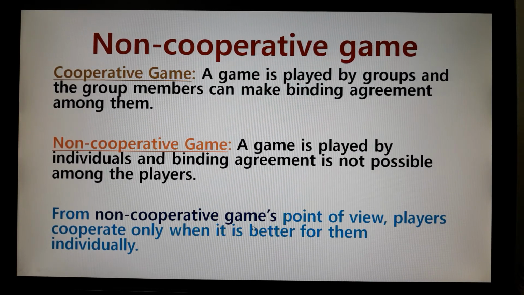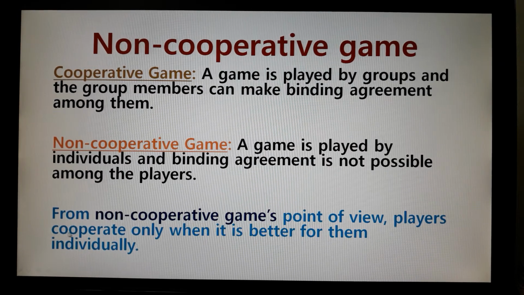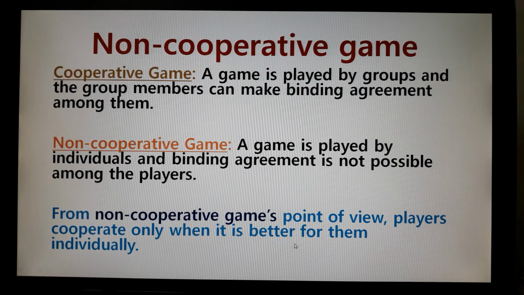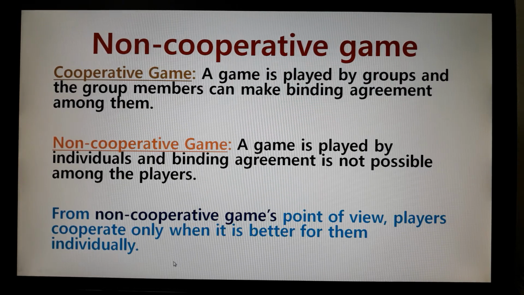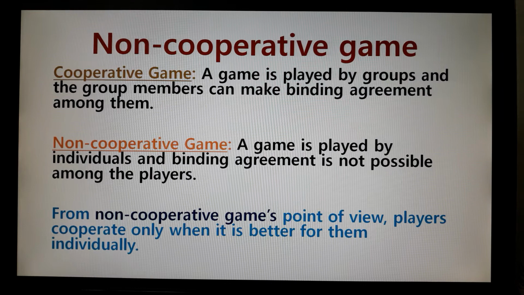From the non-cooperative game theory's point of view, players are non-cooperative, but that doesn't mean they will never cooperate with each other. They may cooperate, but only when it is better for them individually. You can fight by yourself, but if you are one person against 100 enemies, however good a fighter you may be, your chance of winning and surviving is very slim.